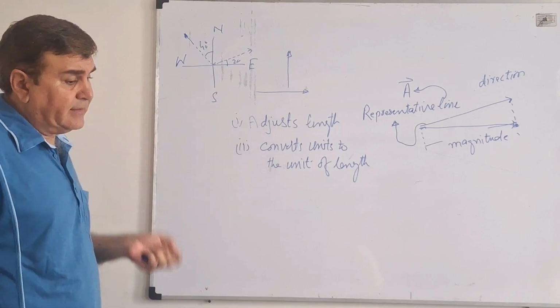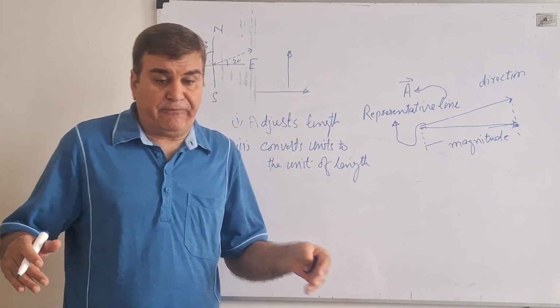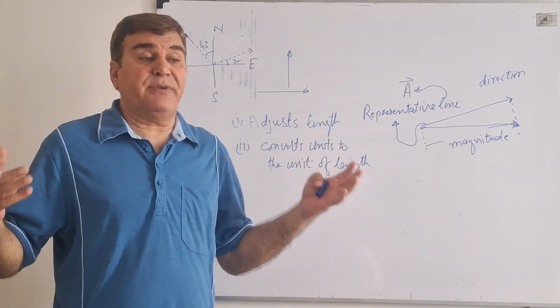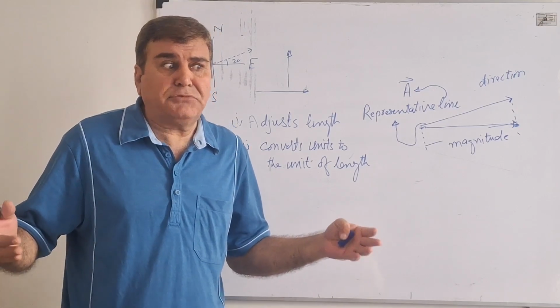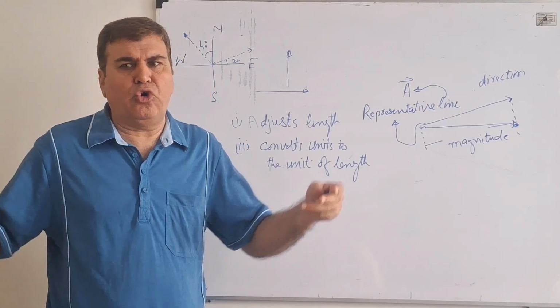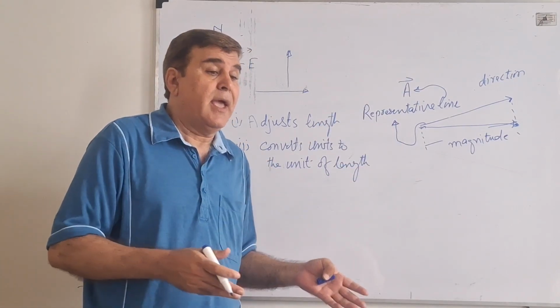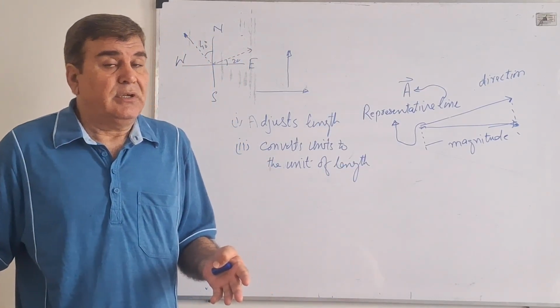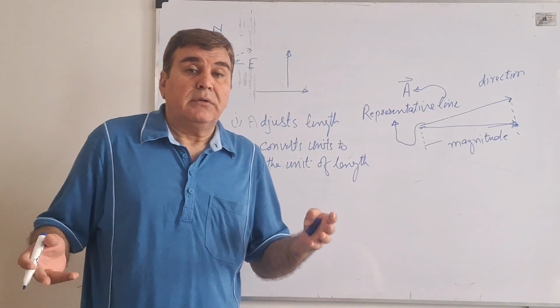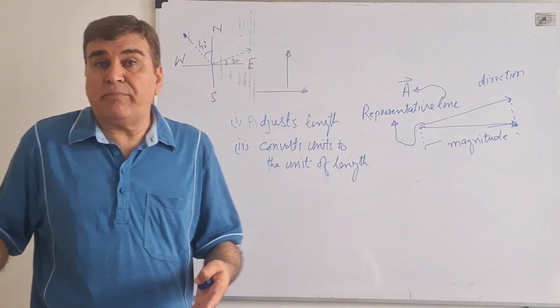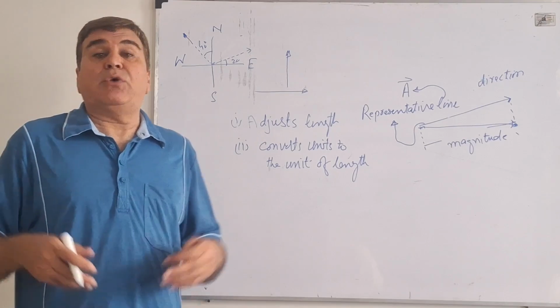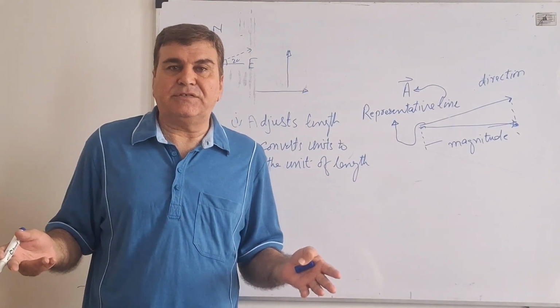There are two things that we do with the help of scale. Number one, adjust lengths. For example, if I only talk about the displacement vector, then there could be different types of displacement, very large and very small. For example, one displacement could be 50 kilometers, the other could be 10 kilometers, or there could be a displacement of several hundred kilometers.